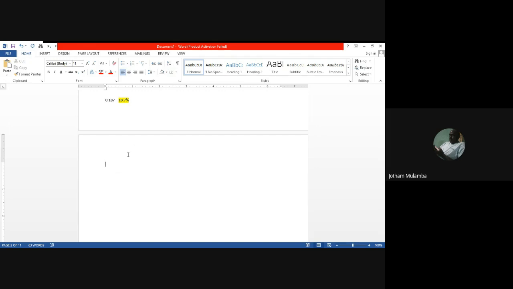Since the first one is ordinary share capital, KE is equal to D1 over P naught minus F, then we multiply this by 100 to convert into percentage, and then we add plus G, and G will always be in percentage.